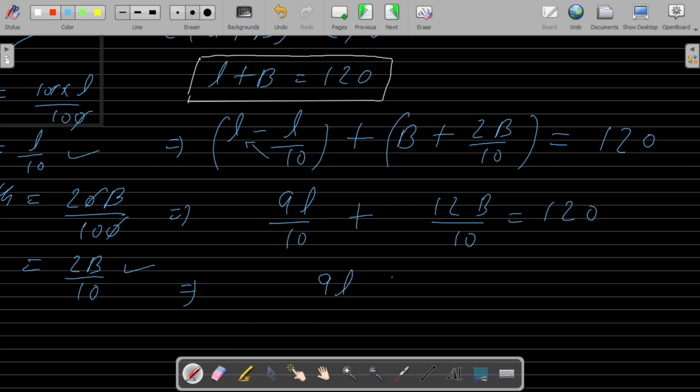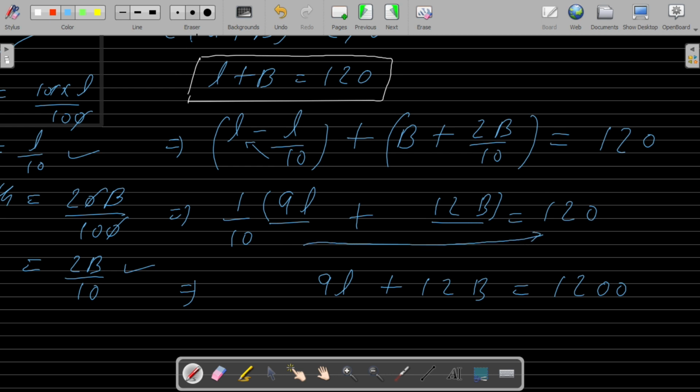This 9L plus 12B equals 1200, because I just took common 1 upon 10 from the whole equation. Now as the 10 is dividing this whole part, if I interchange the position of 10 to the other side, it will just multiply to this 120.